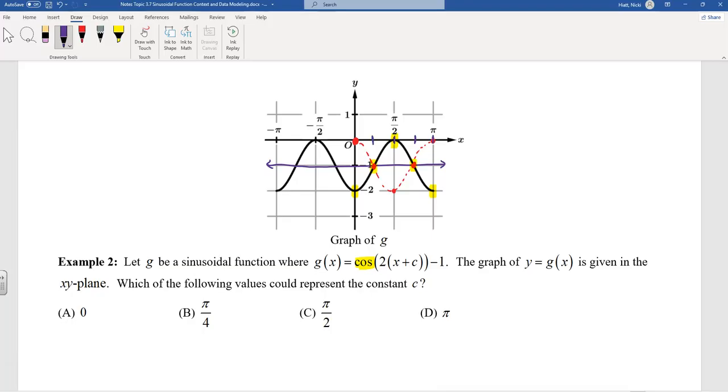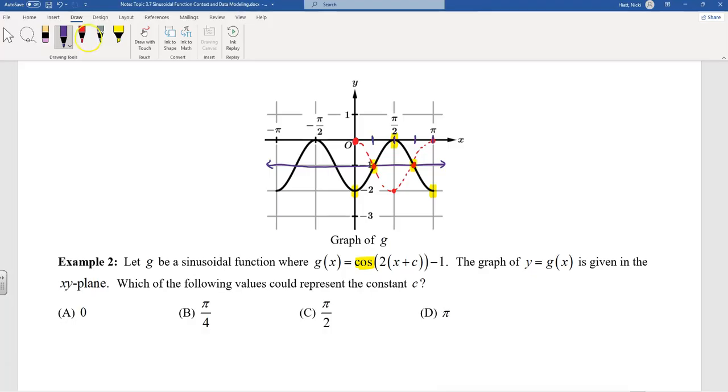So I am thinking about taking this dotted graph and moving it to match my solid line. My mind immediately moves this dotted graph to the right pi over 2. That's what I want to do. However, did they move this graph to the right? They did not, because all of your answer choices are positive, which means you actually moved the opposite direction, to the left.